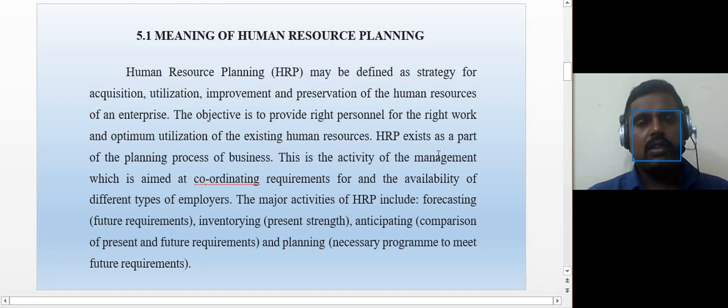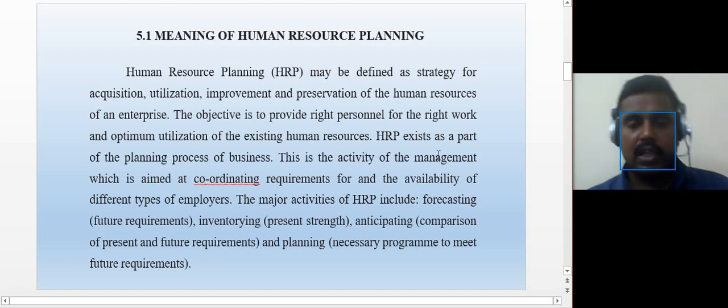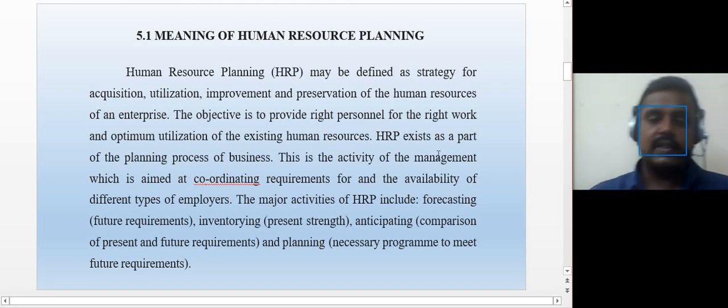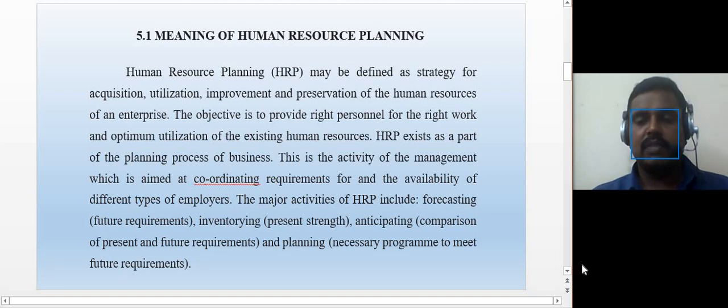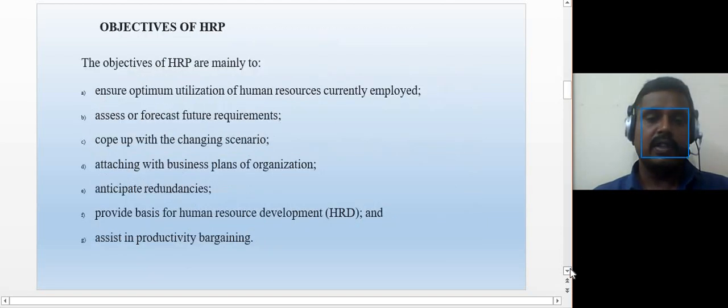So what an HR manager is supposed to do is analyze the present human power requirements, analyze the future manpower requirements, check their availability, and forecast the future requirement as well as the present strength. You make a comparison between the present and the future and meet the necessary program for the future requirements. So these are the things that are mainly important in HRP.